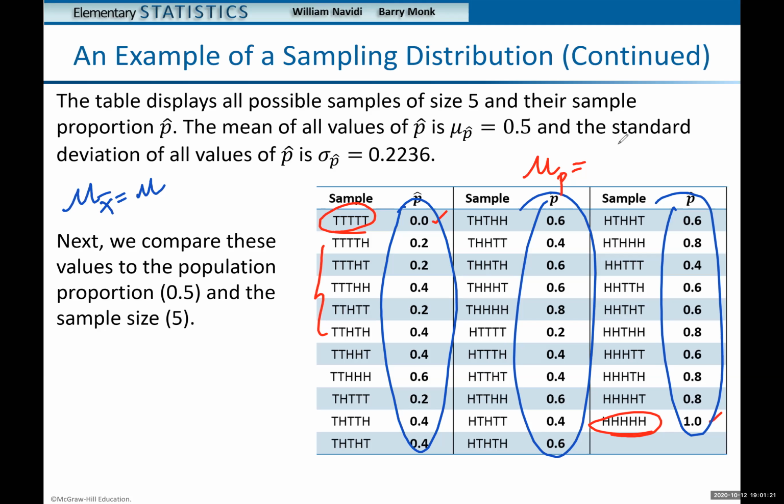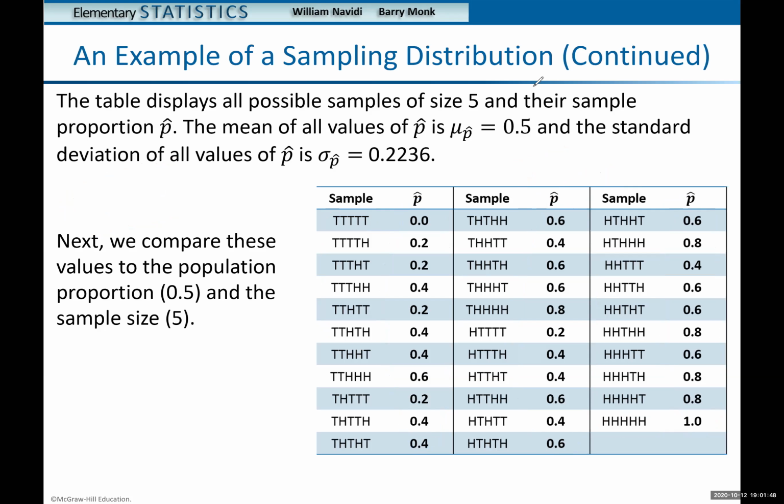It's going to be equal to 0.5, which is equal to your population proportion. Just like the mean of all the means is the population mean, the mean of all the sample proportions is equal to your population proportion, p.